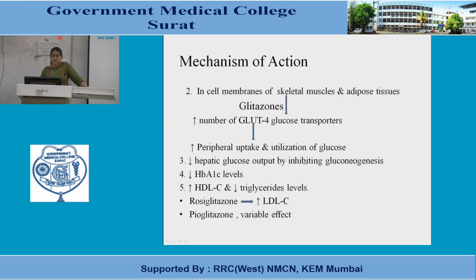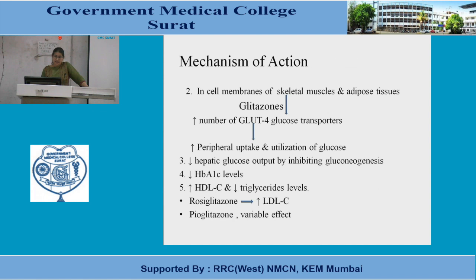The second mechanism is that in the cell membranes of skeletal muscles and adipose tissues, the glitazones cause an increase in the number of glucose transporter 4, and when the transporter 4 number is increased, there is increased peripheral uptake and utilization of glucose. The third mechanism is that they decrease hepatic glucose output by inhibiting gluconeogenesis.